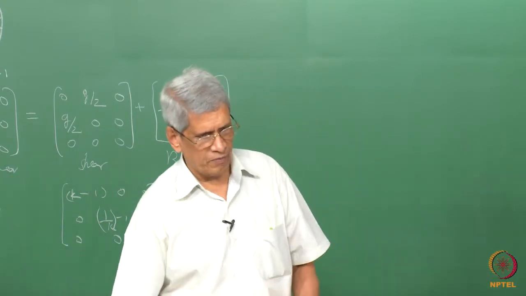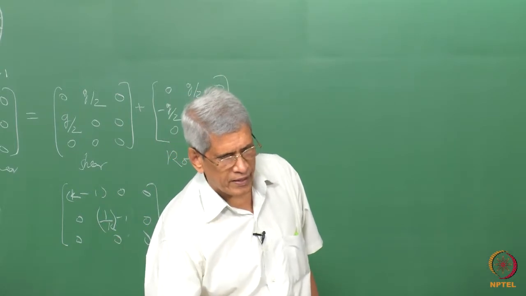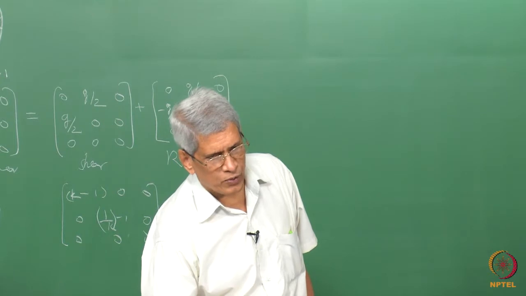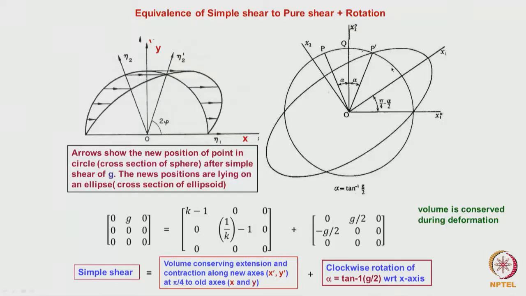So, this is exactly what is being done, and that is what I had shown here. This is the sphere of the original sample, and we have pulled in these directions. It has undergone a transformation, and this is how it looks. This can be written as equivalent to this, plus a rotation that will be required.